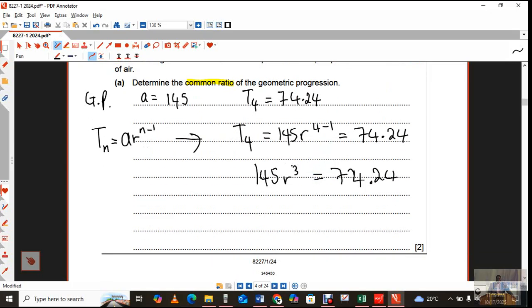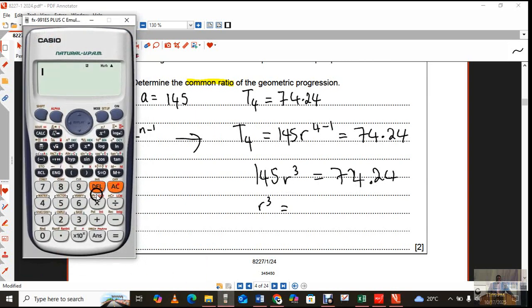Doing that leaves me with r cubed equal to 74.24 divided by 145. So you grab your calculator, take 74.24 and divide that by 145, what do we get? 64 over 125.